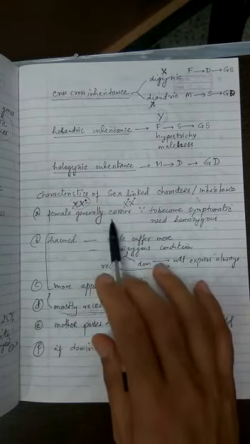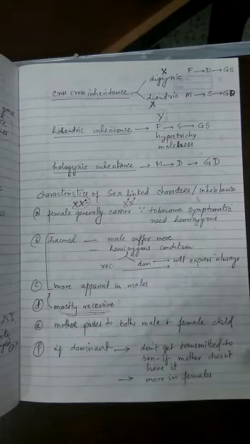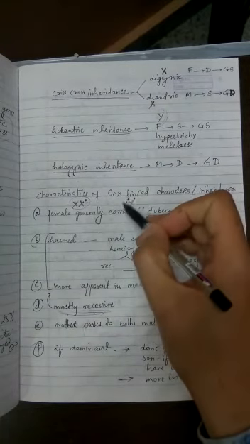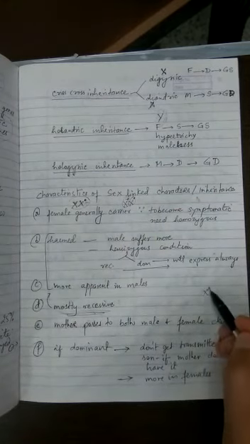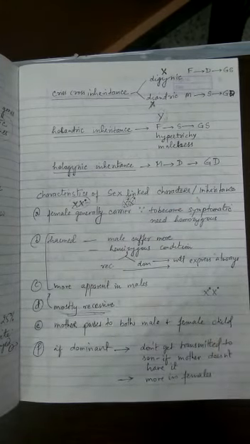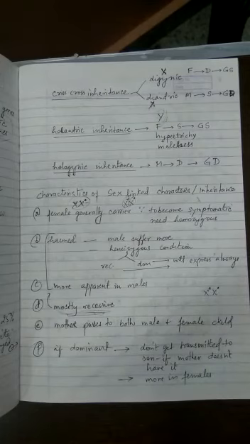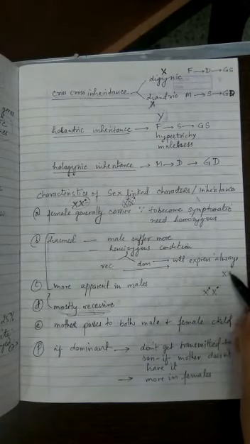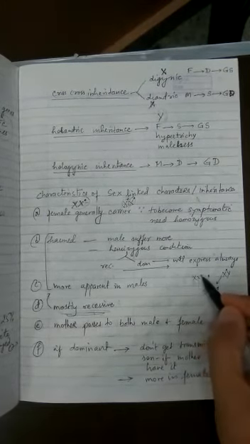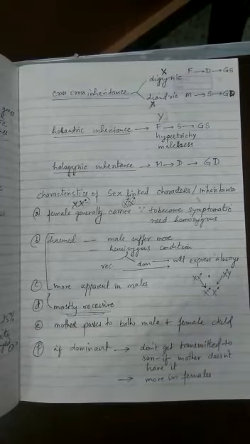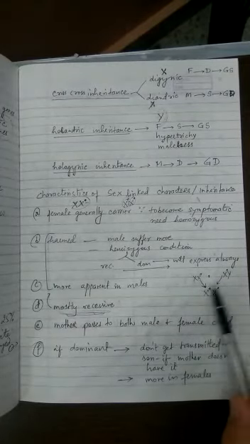So females are generally carriers, because see why exactly it is tough to find such a female, because to have a female who has a homozygous condition for a recessive trait, the father should also contribute one X to her and the mother also should contribute one X to her, and to have such a marriage is rare.